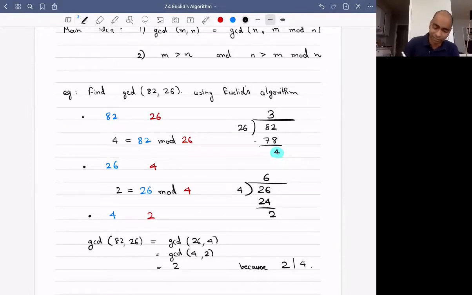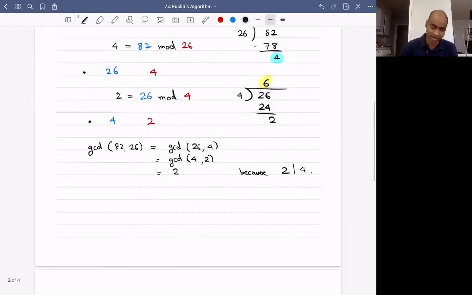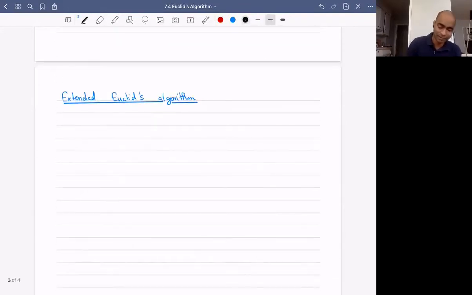Like, I also have the number 3 and the number 6, which I'd completely discarded while I was doing Euclid's algorithm. And it turns out these numbers contain information that can be used to answer further questions. And that's what extended Euclid's algorithm is about. But before we get to the algorithm, I need to tell you a theorem. So let m and n be positive integers.